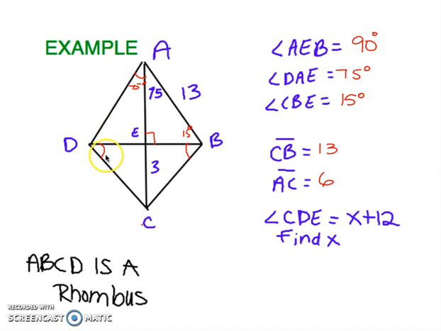So we can take our x plus 12 and just set it equal to 15, since we know this is 15. And when we solve for that, we would find that x equals 3. And you can just put that right here, that x equals 3 would be our answer for that.